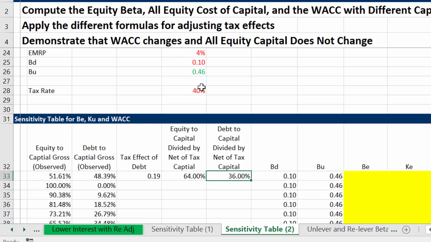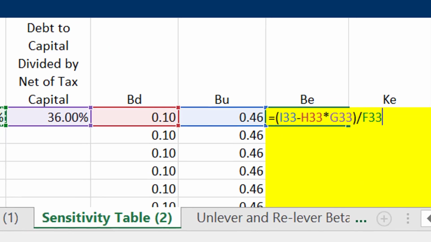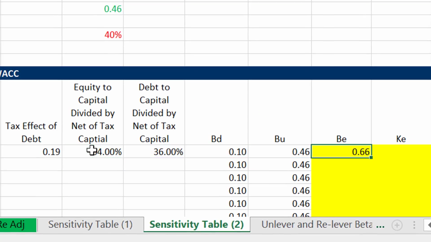Now, you can probably do this 100 different ways. Then our beta on the equity is the beta on the debt times this net amount plus the unlevered beta minus the beta on the debt times this debt amount, and then we have to take this whole thing and divide it by the equity to capital, the net capital structure.